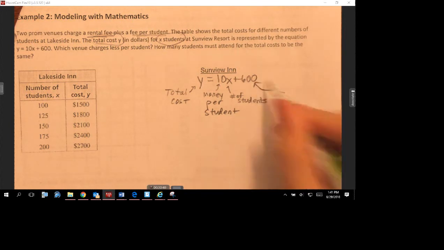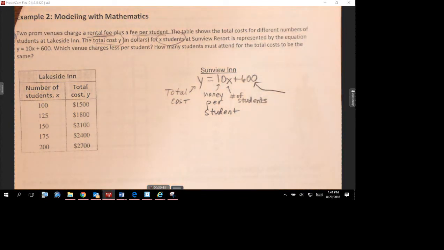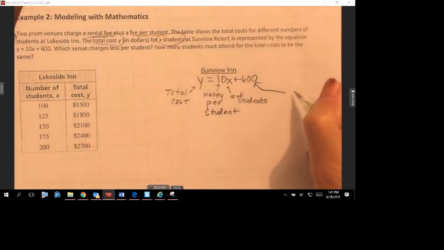So then what's 600? That's just the rental fee. If you have one student come, you're going to pay $600 plus $10. If nobody shows up to prom, you're still paying $600. So that's the rental fee.